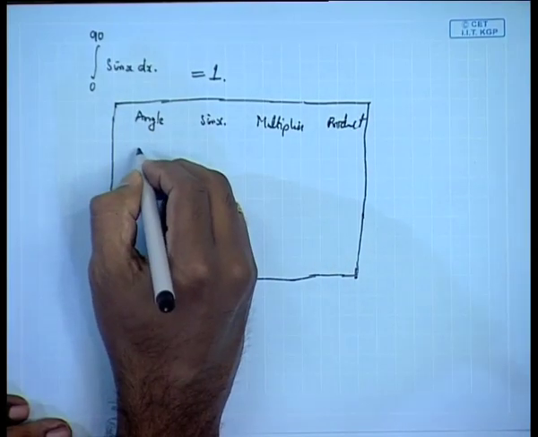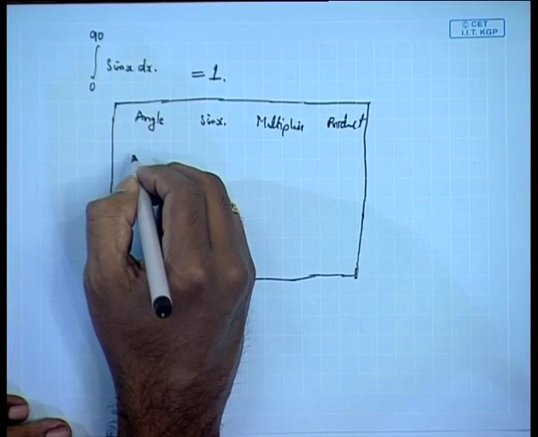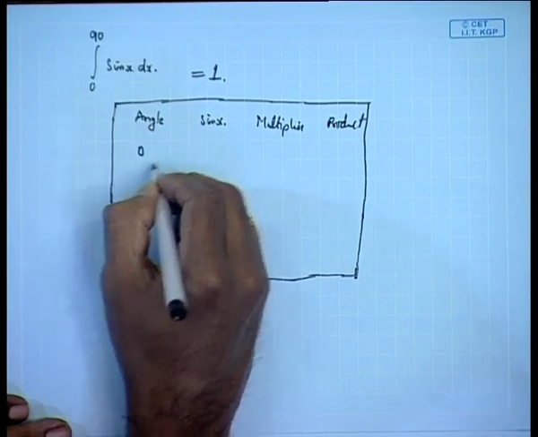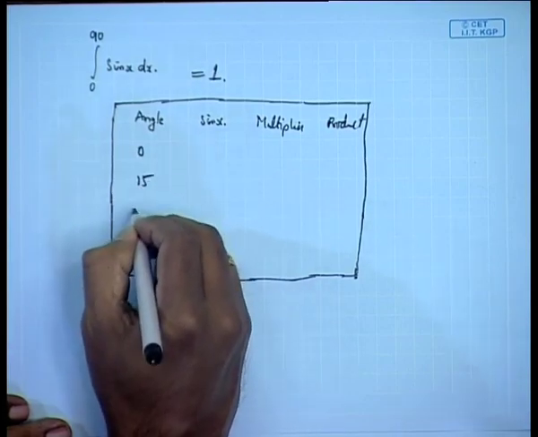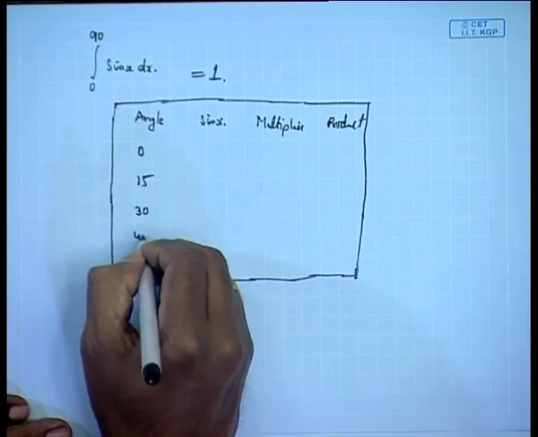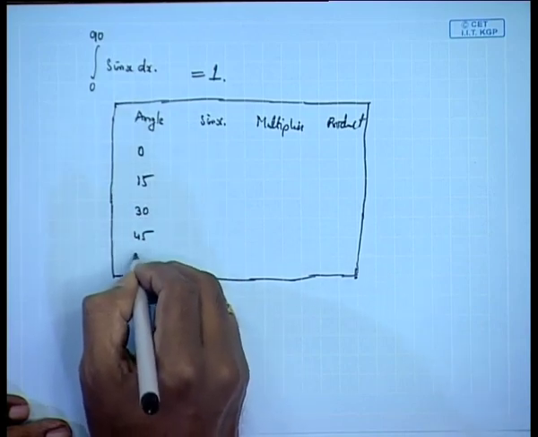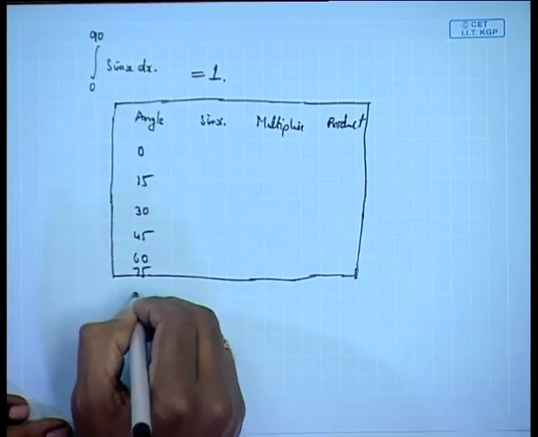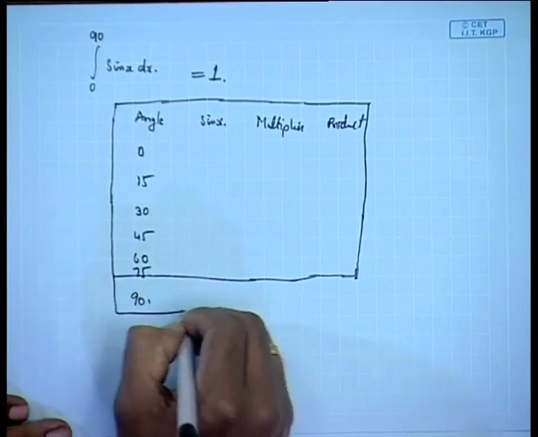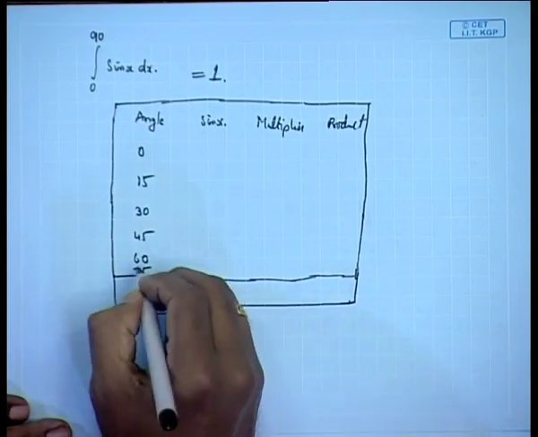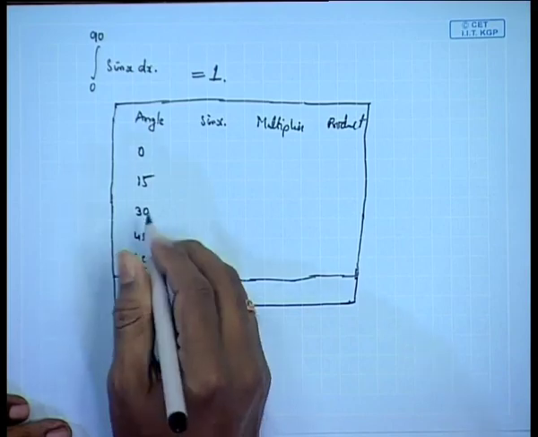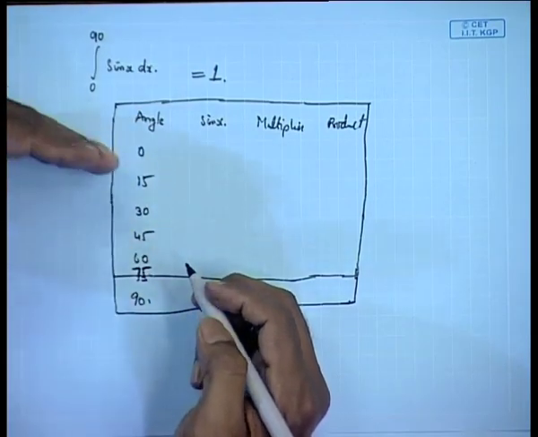First of all, we will divide this in terms of 15 degrees: 0, 15, 30, 45, 60, 75 and 90. So, this will be the region in which we divide.